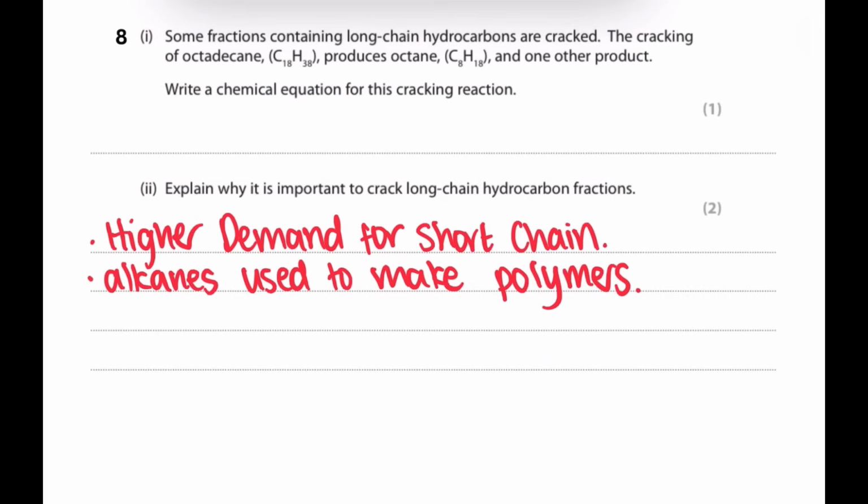8. Some fractions containing long-chain hydrocarbons are cracked. The cracking of octadecane produces octane and one other product. Write the chemical equation for this cracking reaction. So it already told us that it is octadecane, so we do C18H38, and cracking just means that we split it. This goes to C8H18. Now all we have to do is just find out what's missing.